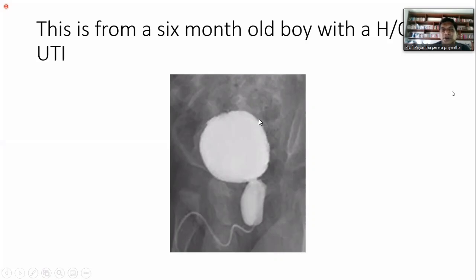So what would be the prognosis for this 6-month-old baby? Poor prognosis. What will be the outcome? The child may go to CKD.